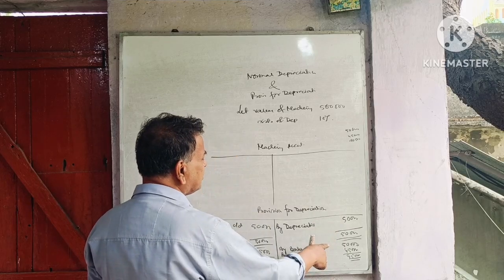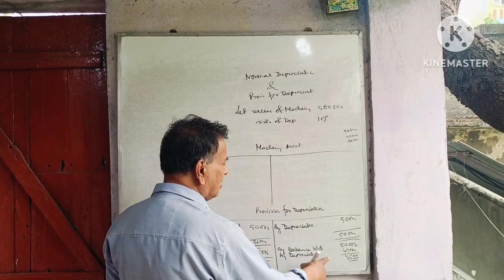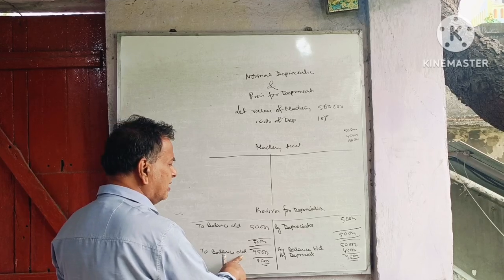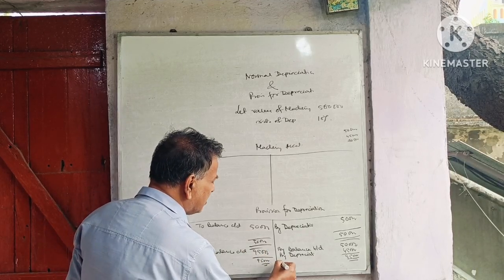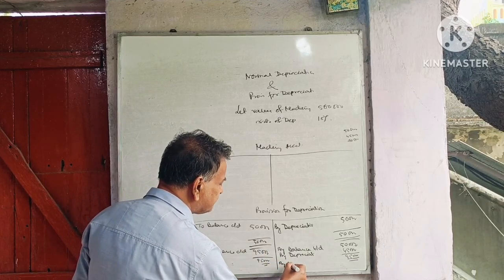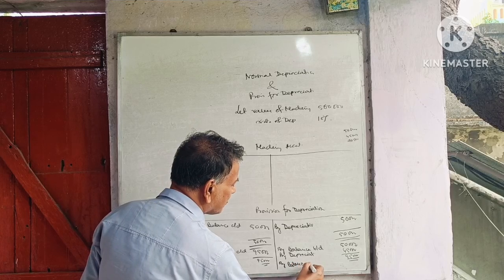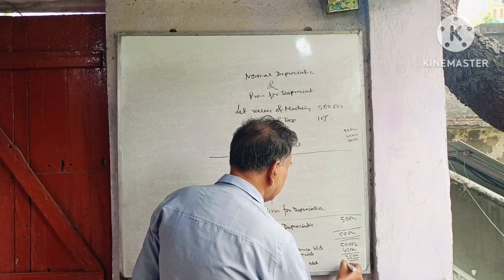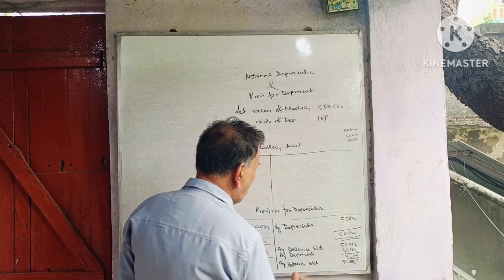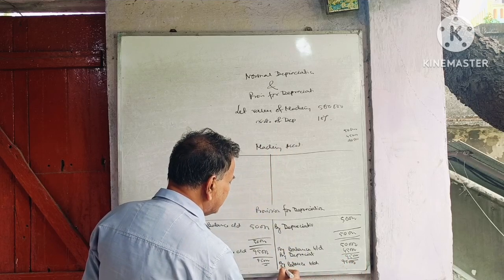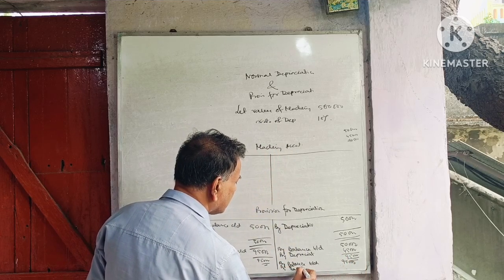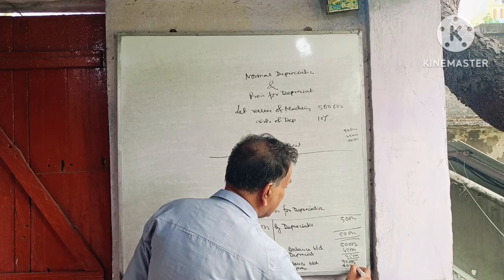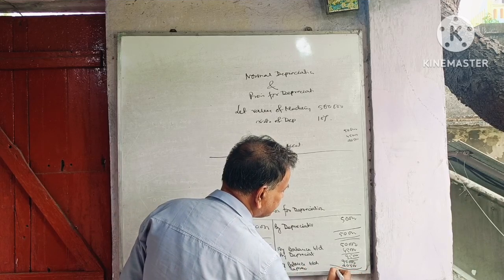But here in this case, it is not transferred to PL. Against that, it is carried to balance CD. And in the next year, you have to write down by balance BD, 95,000. What is the depreciation for the third year? It is 40,500.